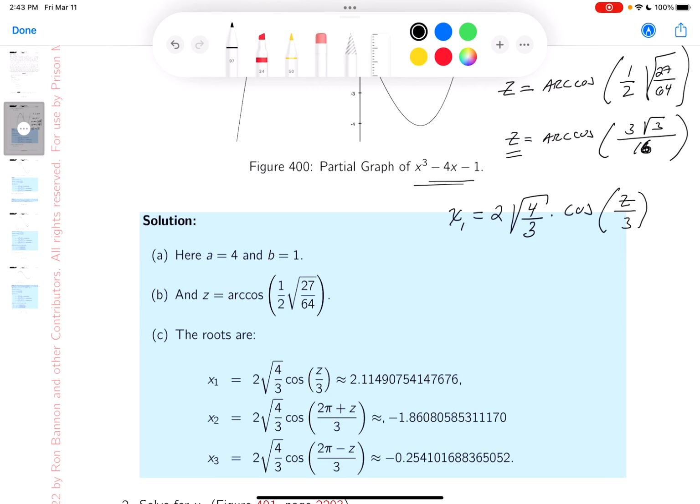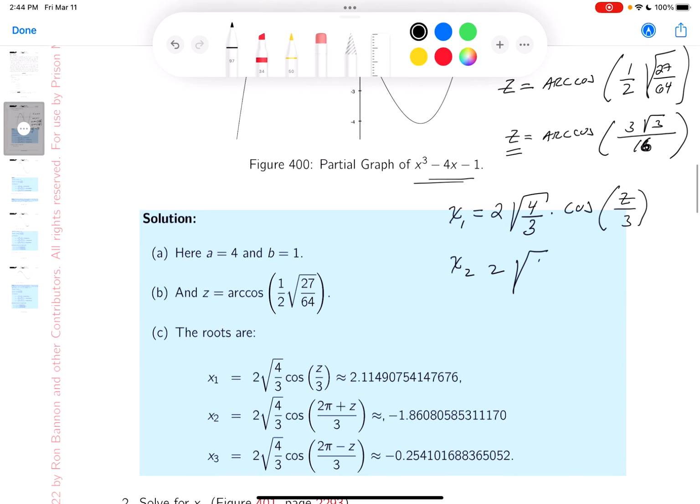And then when you get up here, X2, that's the second root. That's going to be 2 root A. What's A again? I can't remember. Oh, 4 over 3 cosine. And now they have 2 pi plus Z. So I'll put this over here. Again, remember what Z is, that awful looking number up there.